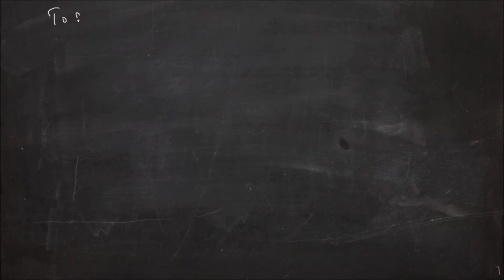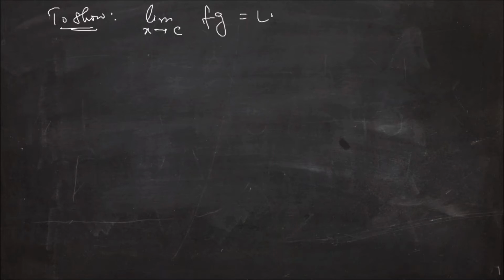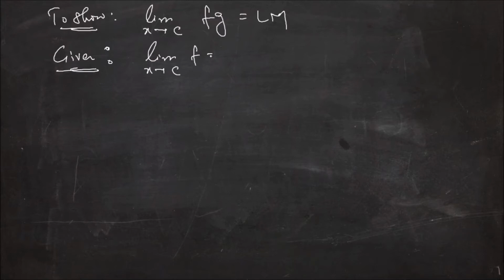So let's start with the proof. To show limit x tends to c, fg is equal to Lm, we are given that limit x tends to c, f is equal to L, and limit x tends to c, g is equal to m. So let us start.